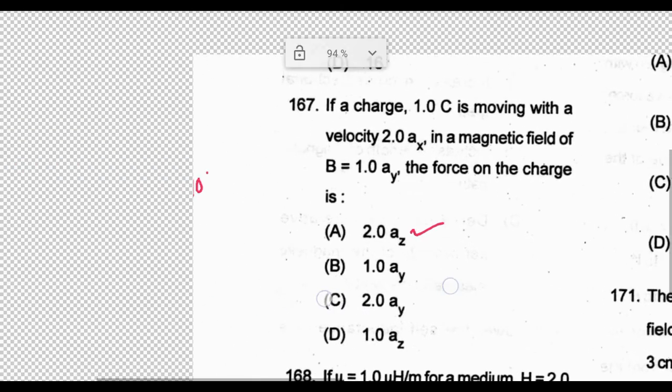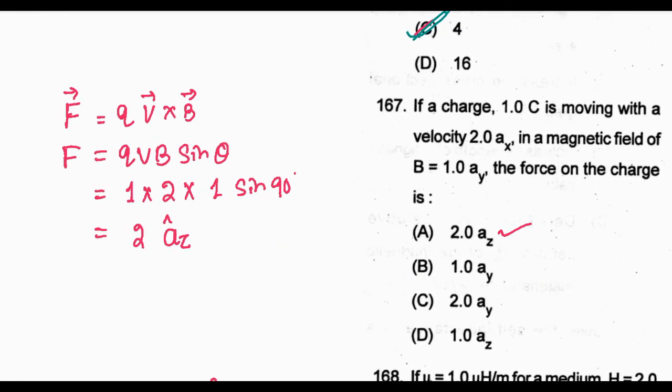Force on a moving charge in a magnetic field can be found like this: F is equal to Q into V cross B. As this is a cross product, it is Q V B sin theta, and theta is 90 degrees, because the velocity is in the x direction, ax, and B is in the y direction, and the angle between the x and y axes is 90 degrees.